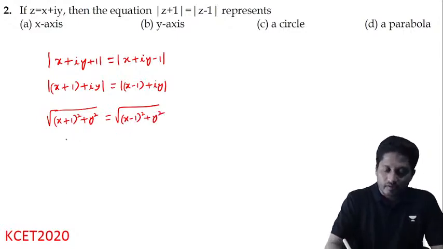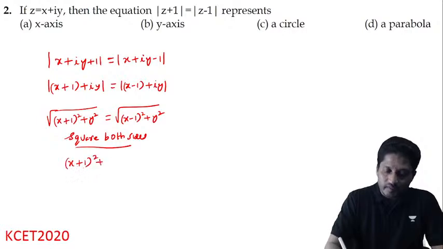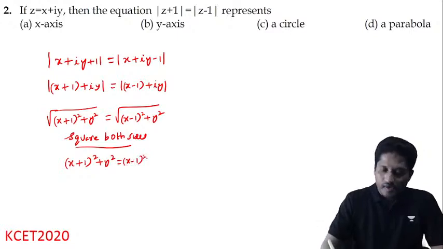If I square both sides, root and square cancel. This becomes x plus 1 the whole square plus y square is equal to x minus 1 the whole square plus y square.